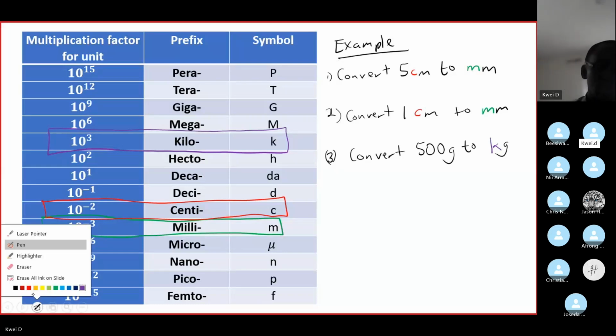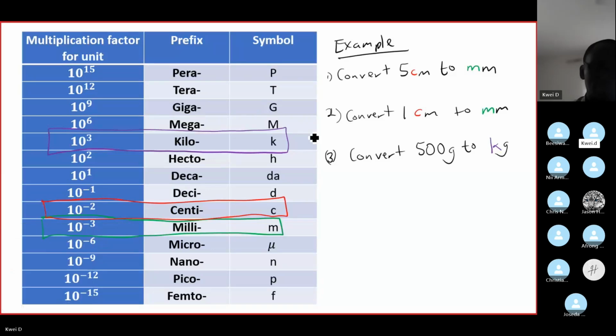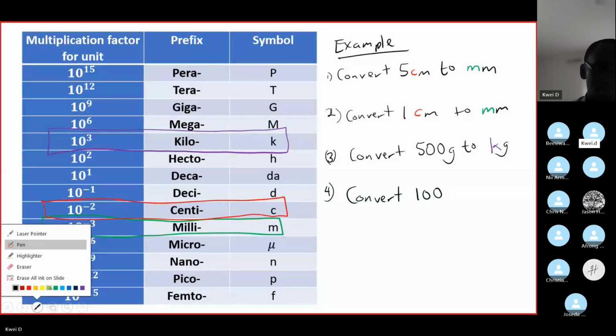Okay, let's add some more. 100 microfarad.